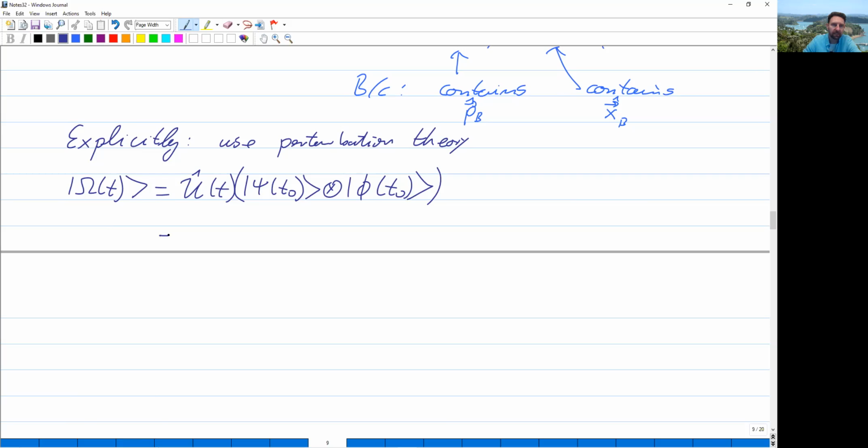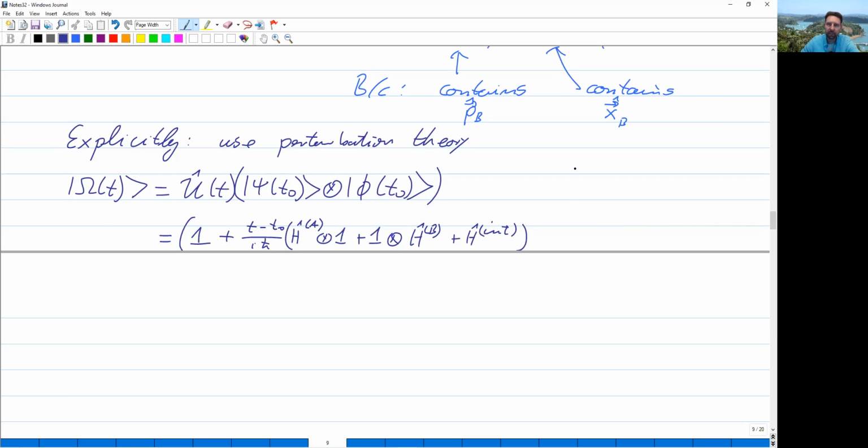So we can write this as equal to 1, that's the first term of the exponential, plus (t minus t naught) over i h bar, and then h hat A tensor 1 plus 1 tensor h hat B plus h hat interaction.